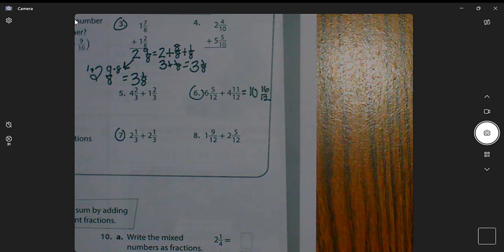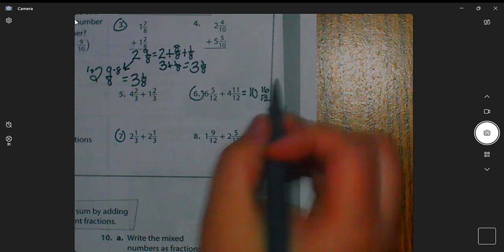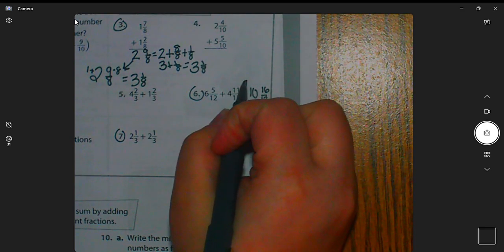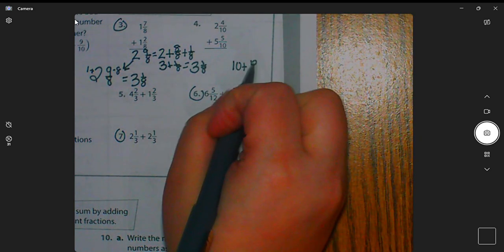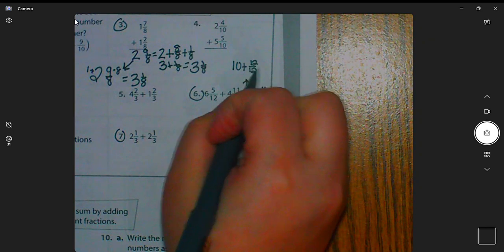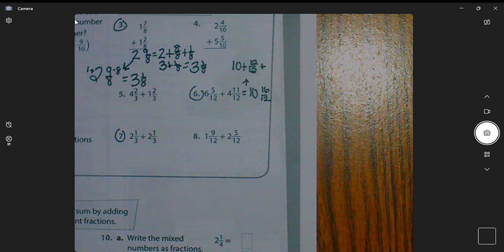So, again, we're going to do both ways. We're going to decompose it, and then we're going to do Miss Stephanie's way of just subtracting out the whole. So, we're going to decompose it up top. 10 plus, I know I have a whole, so I'm going to say 12/12. From 12 to 16 is how far?